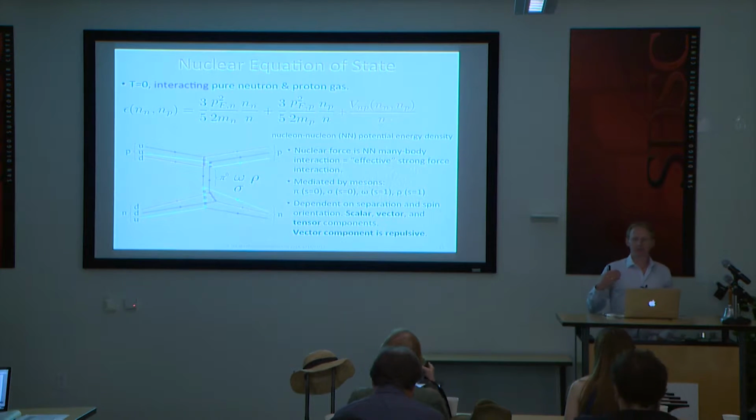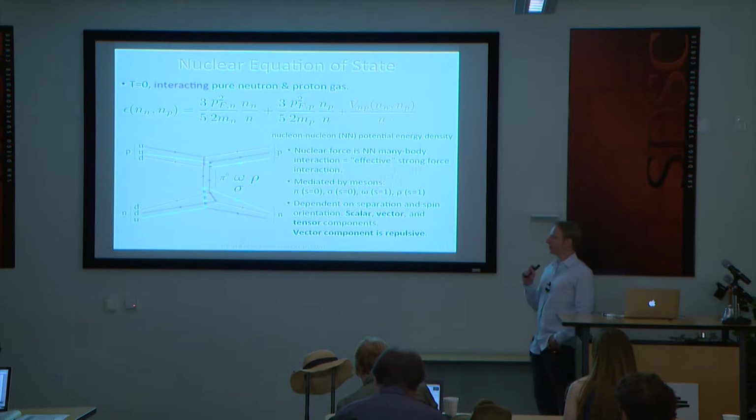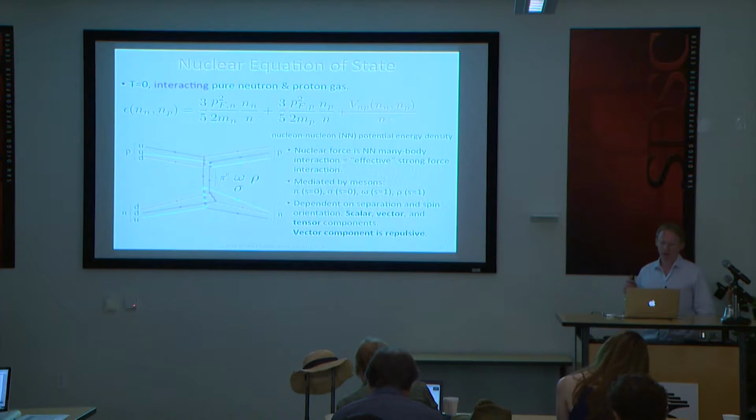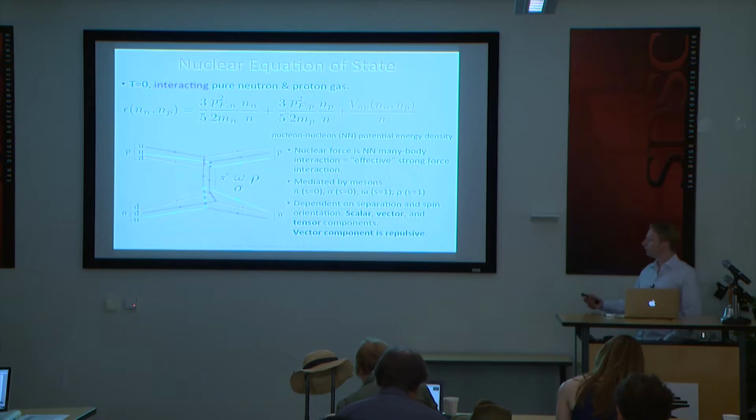So it's not something that you could just write down QCD and get the nuclear interaction potential. It's something that comes out of a many-body calculation you have to do with QCD. And the important thing is that it's very separation dependent, it's spin dependent, and there's different kinds of interactions. There's scalar, vector, and tensor interactions.